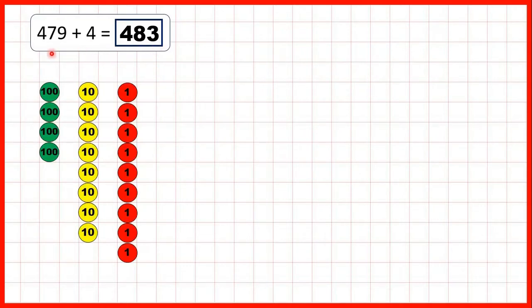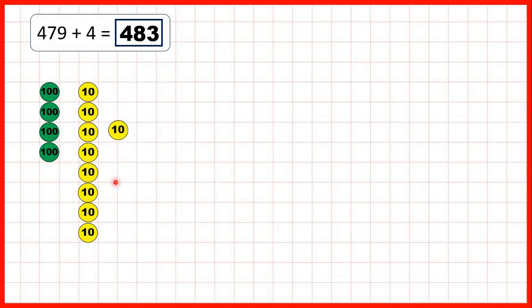Now we can also represent addition using place value counters. So here we started with 479, so that's 4 hundreds, 7 tens and 9 ones, and we need to add 4, so that's add 4 ones. We can add 1, then exchange 10 ones for 1 ten, and then add 2, 3, 4, and that gives us 483 as our answer.